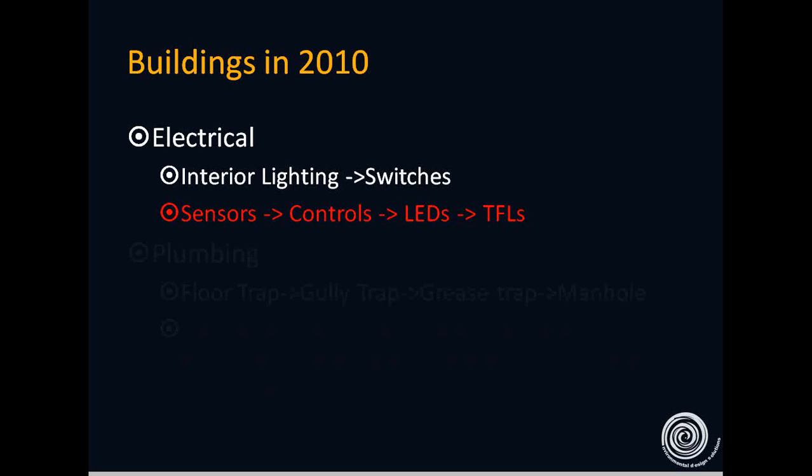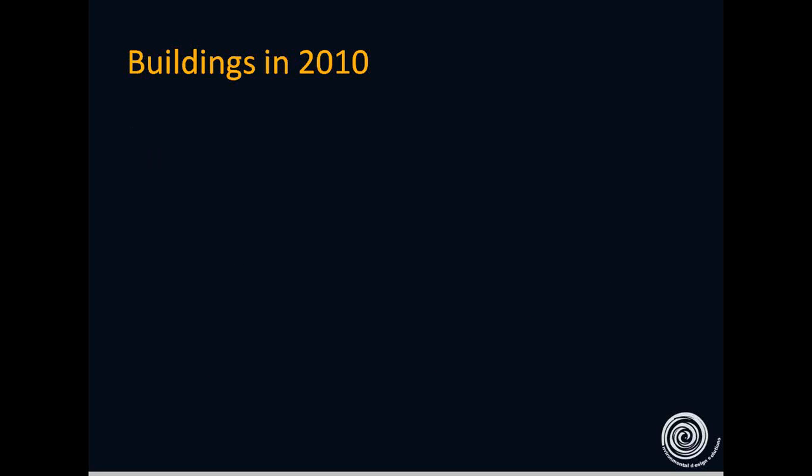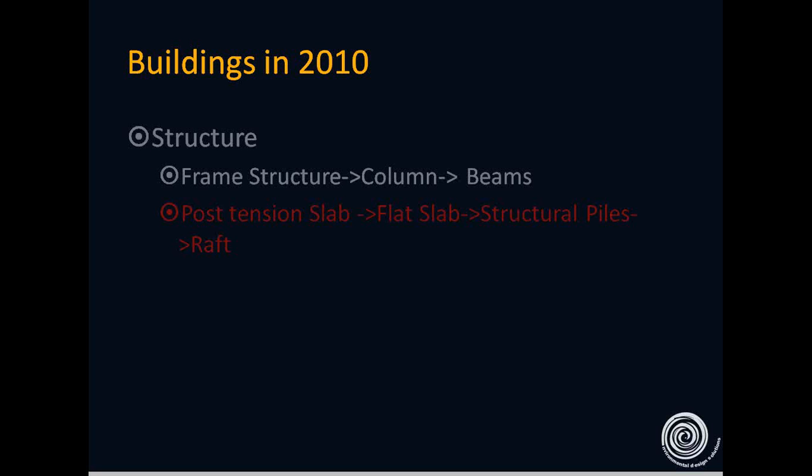In plumbing, new technologies like rainwater harvesting system, sewage treatment plant, dual plumbing, efficient irrigation system, drip or sprinklers, recycling waste water, etc. are being introduced. New type of systems are being added to the structural domain also, such as PT slab, flat slab systems.